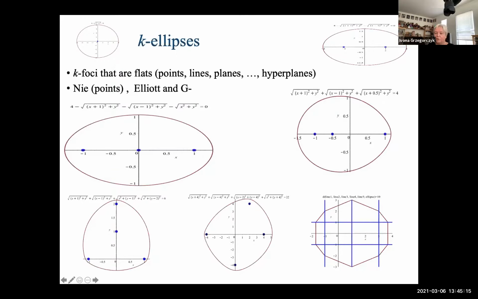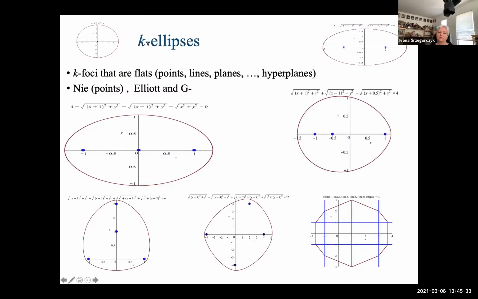I have 5 foci here. They all are lines. And I want to make sure that whatever figure I get, the sum of all the distances to these lines is constant. It's given. So we call them generalized ellipses.